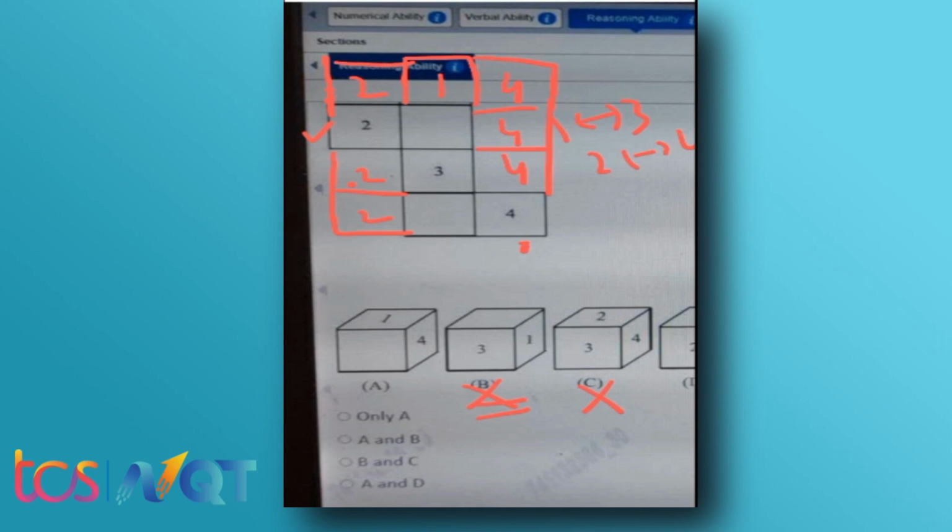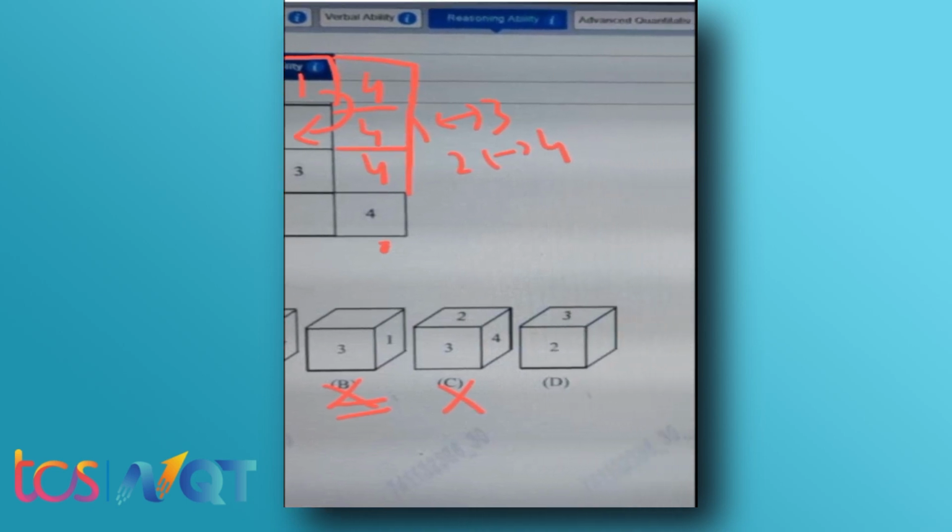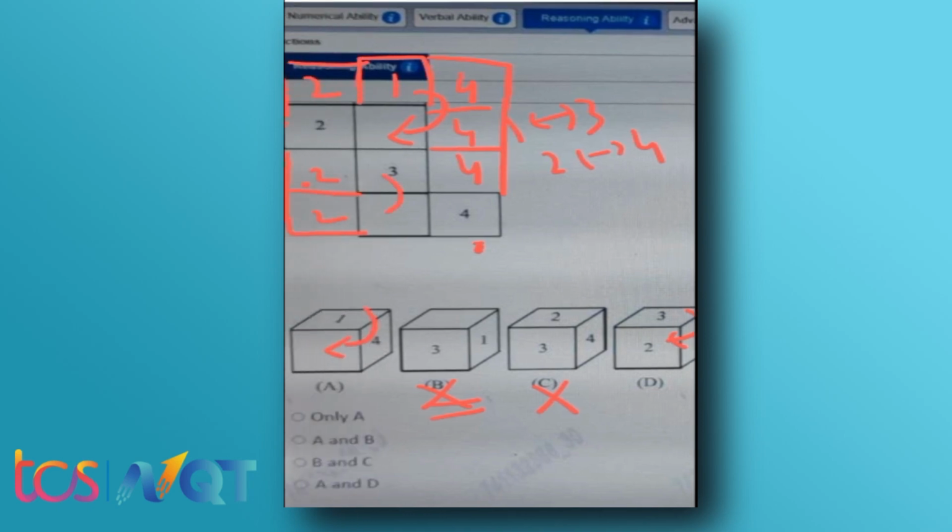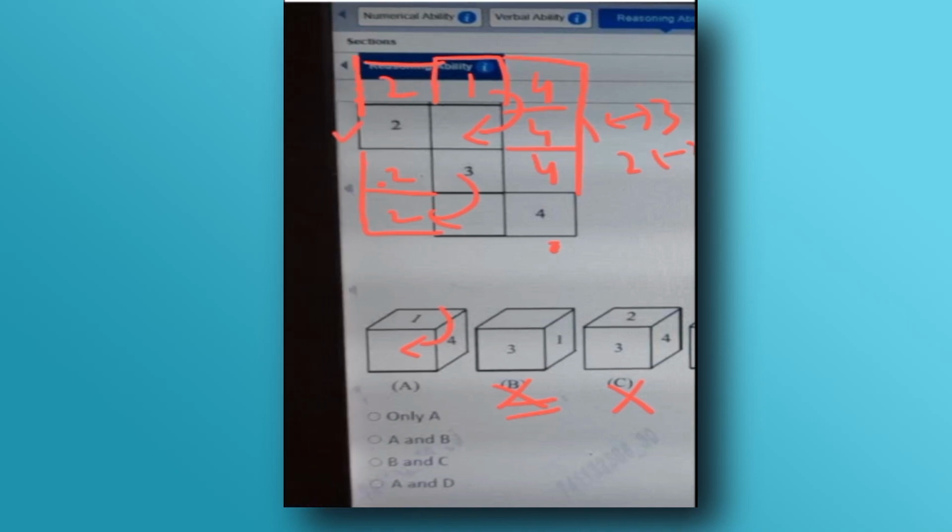As you can see, 1, 4 and the blank are present in clockwise rotation, and here also 1, 4 and blank are present in clockwise rotation. Let's check D. 3, blank and 2 are present in clockwise rotation. So both A and D are possible. This is how we have to pick the correct answer.